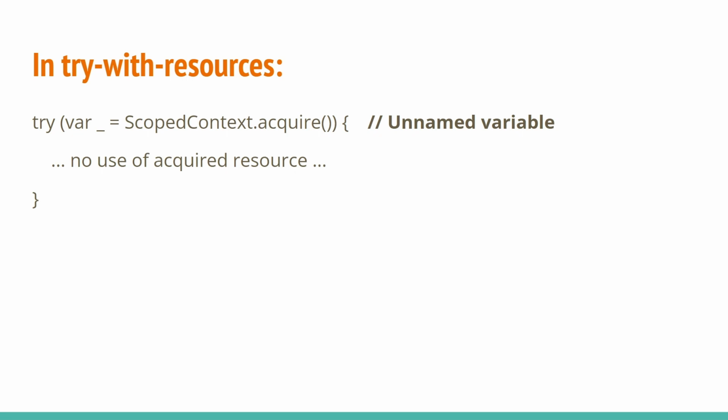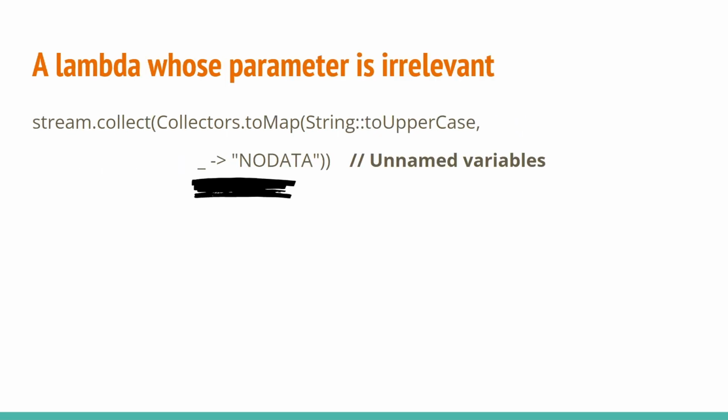So in that context, we can use an unnamed variable whenever we are using try with resources, initializing that resource in the try block. So this is how we can use an unnamed variable. You can also use it when we use lambda expressions. There are times when we are not interested in the lambda parameter. In that case also you can use an unnamed variable instead of using any variable name.